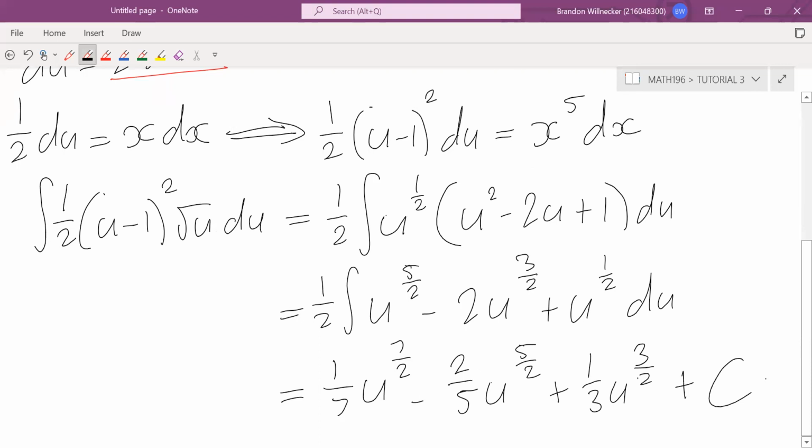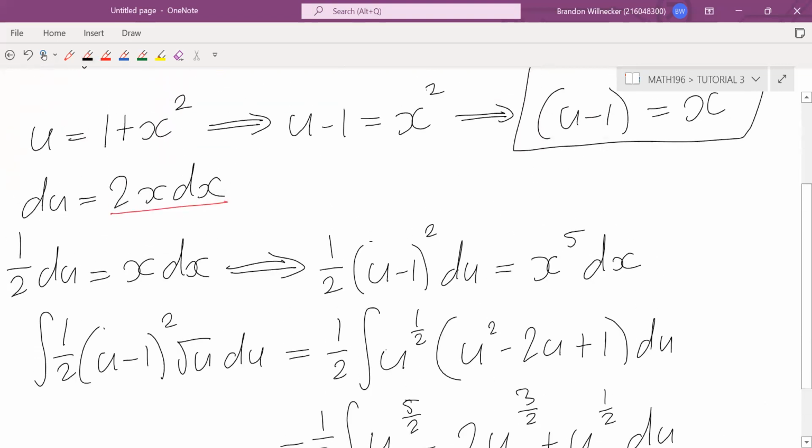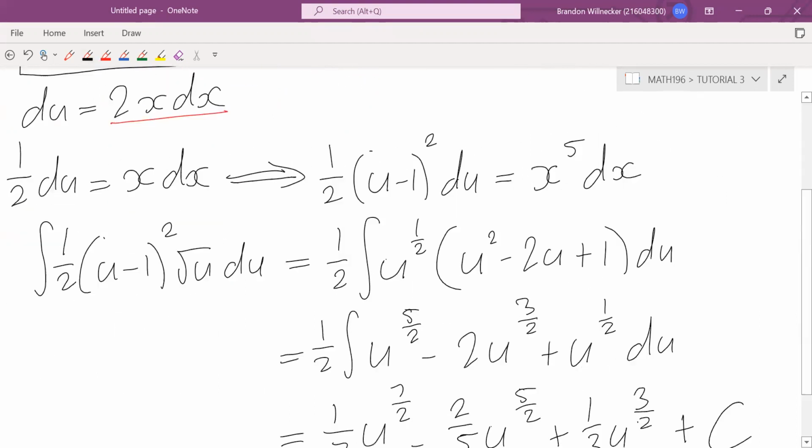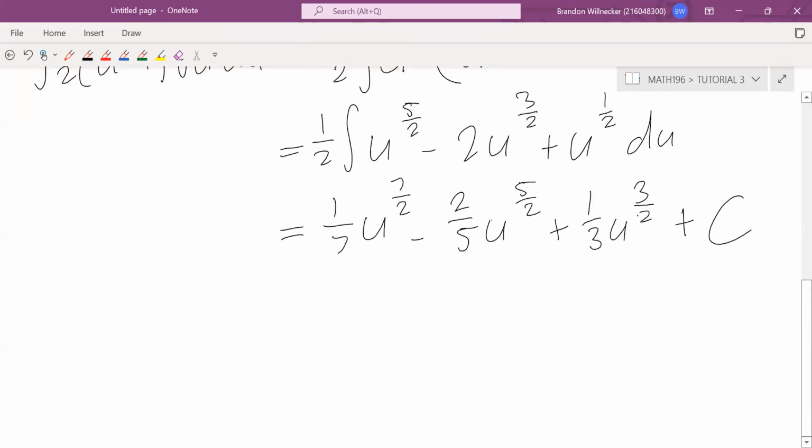Okay, now we're not done yet. Wherever we see a u, we need to replace it with the original expression in terms of x. That will be 1 plus x squared. So we've got 3 u variables here. Let's replace them with the expression in terms of x.